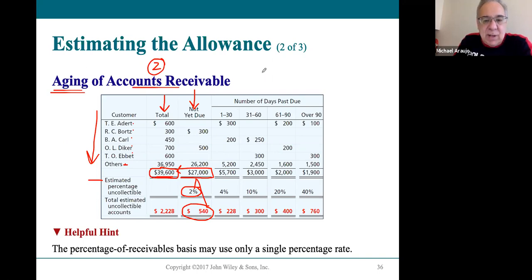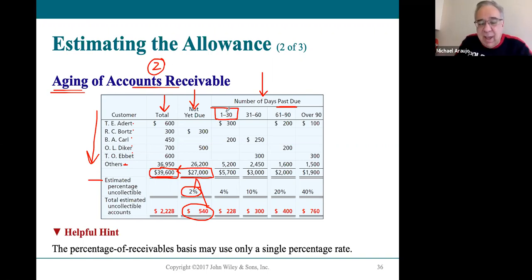The next columns are all broken into the number of days in which they are past the due date. So the first column here shows that these folks are anywhere from 1 day behind. We were expecting it yesterday, and today we never got anything. So they're 1 day behind, up to 30 days behind. So nothing to really worry about too much. Some people do lose track of time. Some people forget.